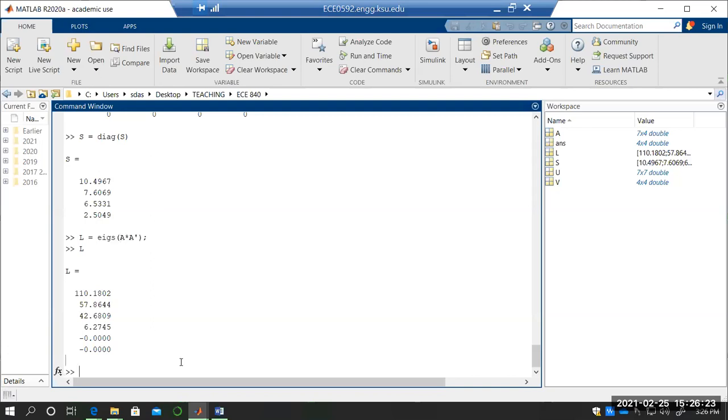Okay, so I'll take L equals RT and compare it with S. They're the same, right?